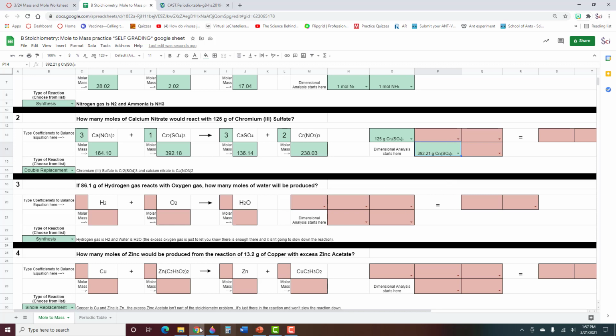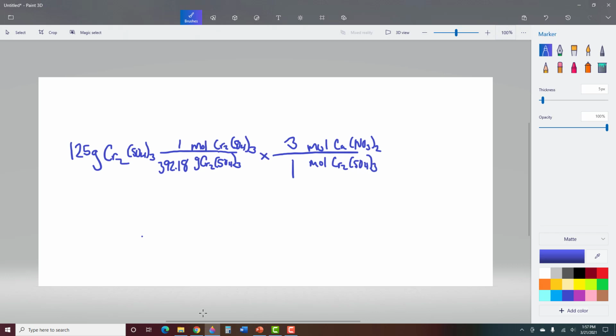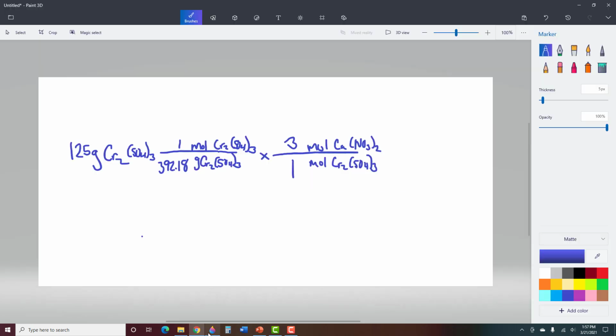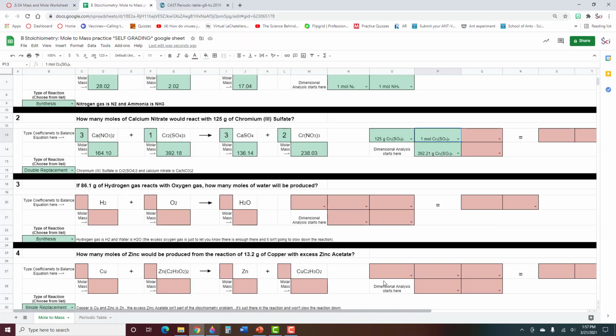And then on the top was moles of the same thing, so 1 mole of this one. And then the next division bar on the bottom, it was 1 mole of the starting unit. And then the top was the 3 moles of the Ca(NO3)2. Alright, and then the answer we calculated was 0.96.